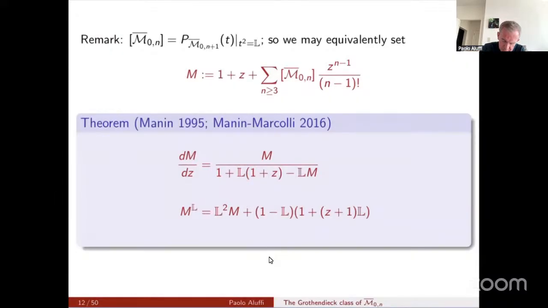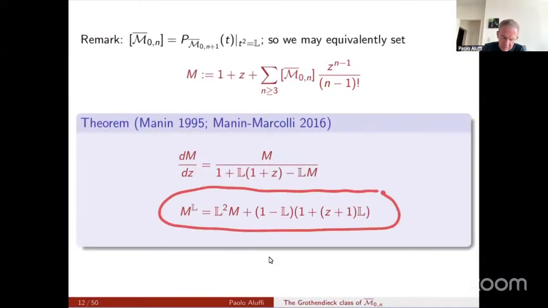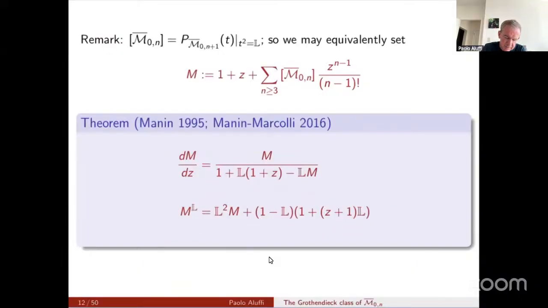And then there's this other version of the same information. It's a functional equation. This is a formal object. You can take it as the exponential of L times logarithm of M. Those things are computable, and then that defines a sensible notion of a power of M. And again, a very simple expression in terms of that information.